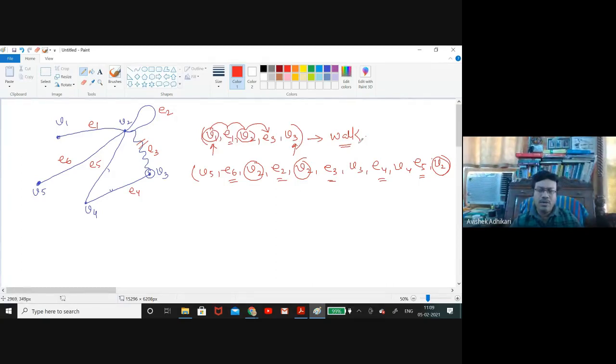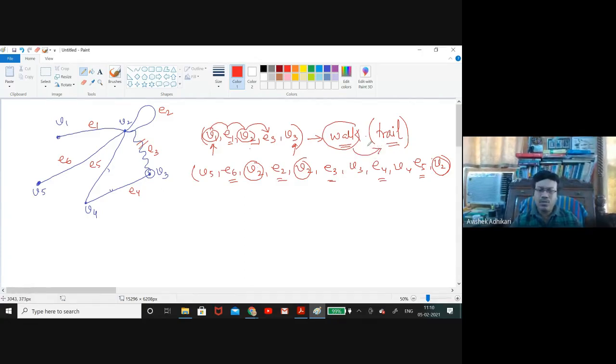Many authors allow repetition of the edges, and they distinguish work and give another name, which we call trail. Trail means you have an extra condition that no edge will repeat more than once. That means in this book, work is actually the same as trail.